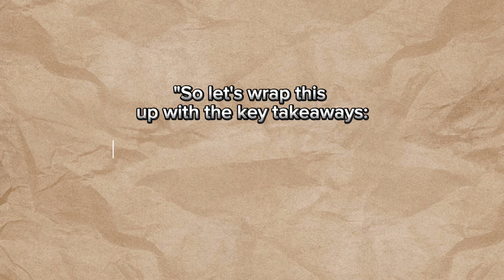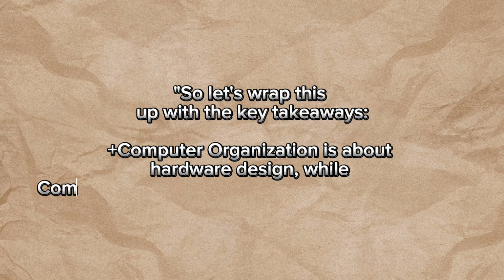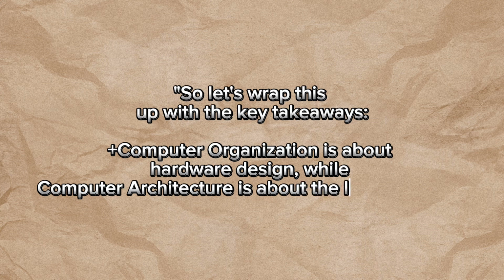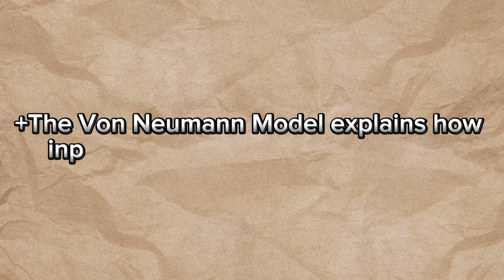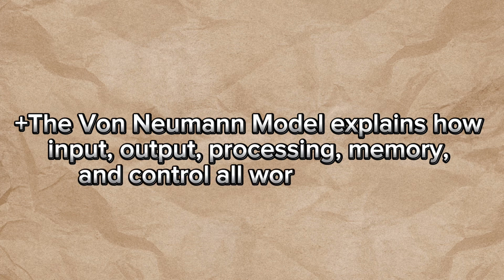So let's wrap this up with the key takeaways. Computer organization is about the hardware design, while computer architecture is about the logical design. The von Neumann model explains how input, output, processing, memory, and control all work together.